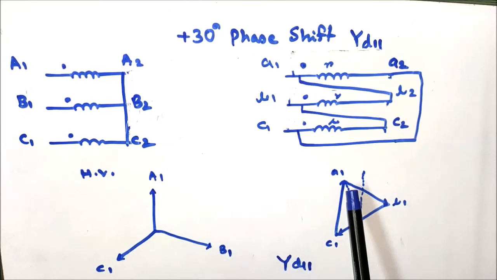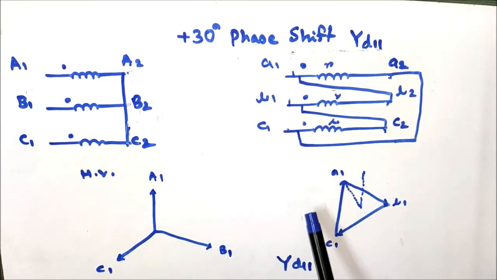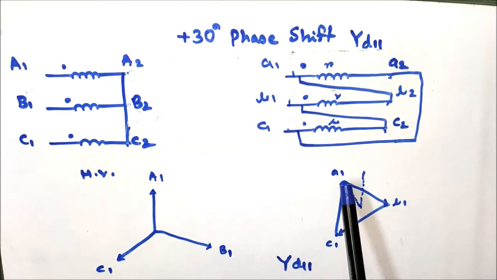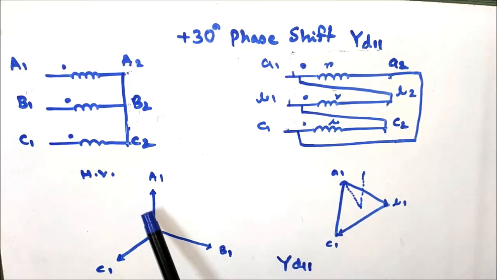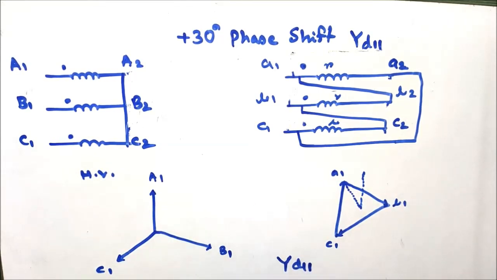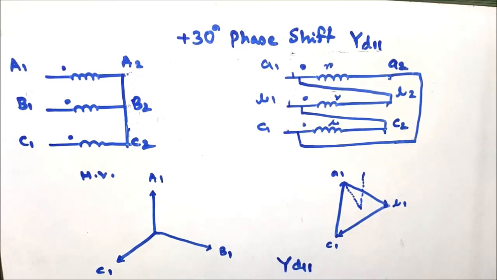So you can see the LV side winding induced EMF is 30-degree phase lead with respect to the HV side induced EMF, and that is why it is called Yd11. That is, 11 means the LV side induced EMF will be 30-degree lead with respect to the HV side winding induced EMF.